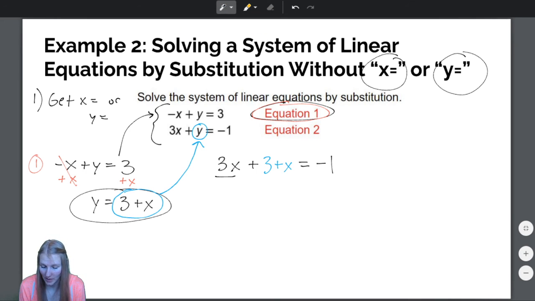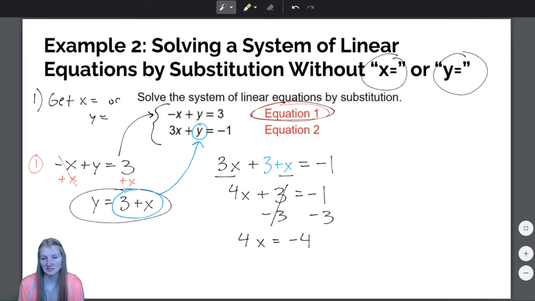Now I can combine like terms. So 4x plus 3 equals -1. I want to get x by itself, so I'm going to subtract 3 from both sides. And I get 4x equals -4.